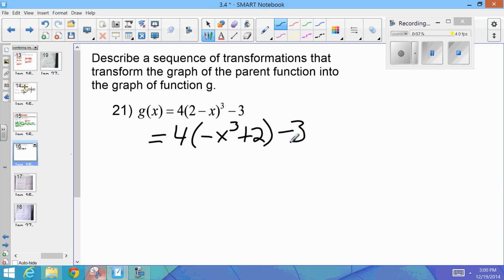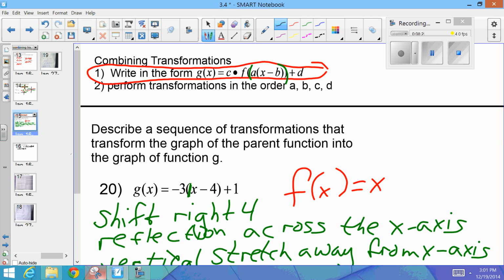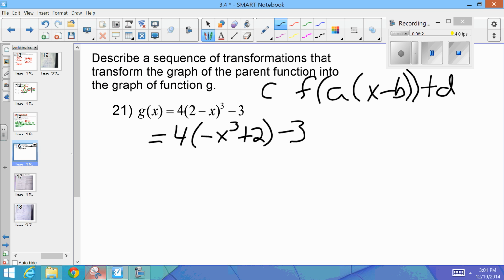And in order to put this in the form C times f of A times x minus B plus D. Did I get that right? Yes, I did. I got it right. I did that from memory. It's been a while. C times f of A times x minus B plus D.